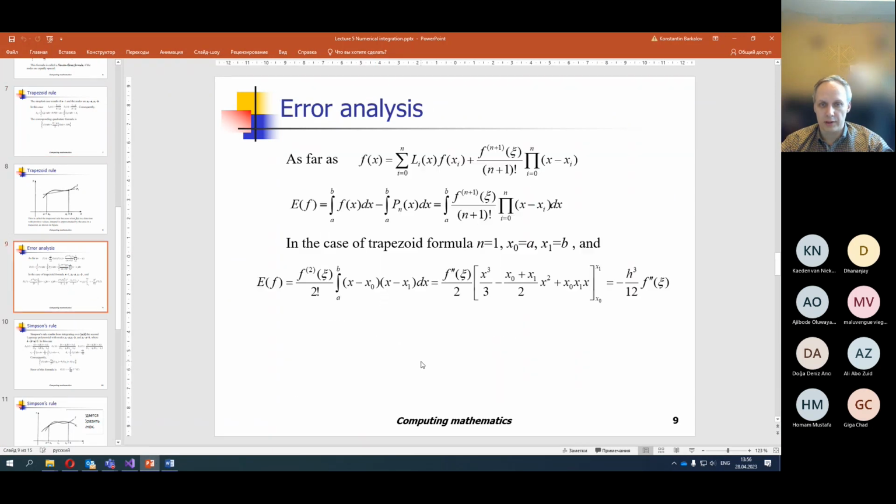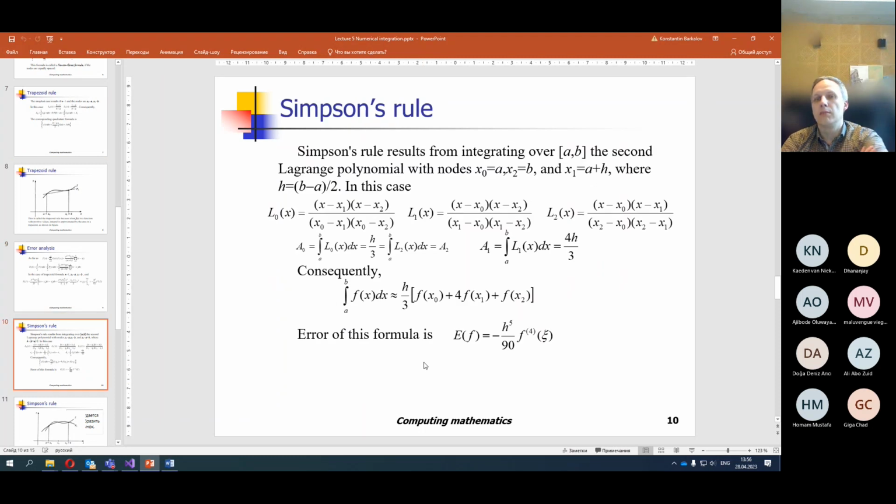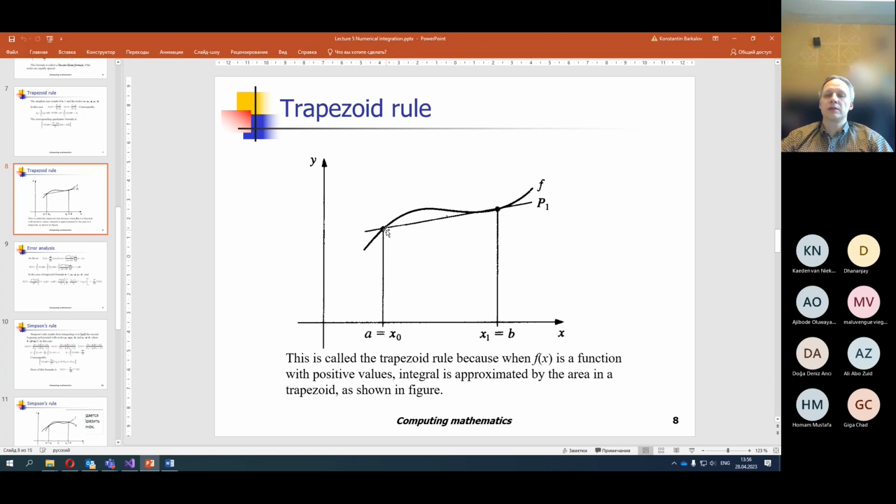Let's come back to the presentation, and let's consider another, more powerful, more complex rule called Simpson's rule. As you remember, the trapezoid rule comes from this graphical interpretation. We take 2 points, A and B, and approximate the area under the curve with the area of a trapezoid.